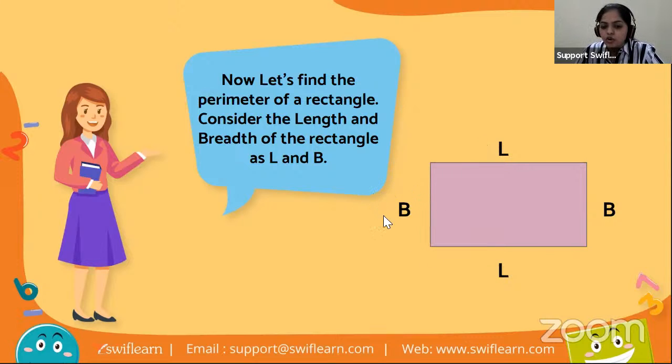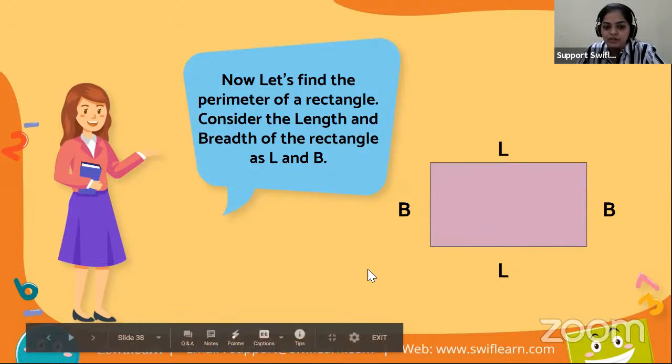Does anyone want to try this? What will be the perimeter of a rectangle? Perimeter is nothing but the sum of all the sides.